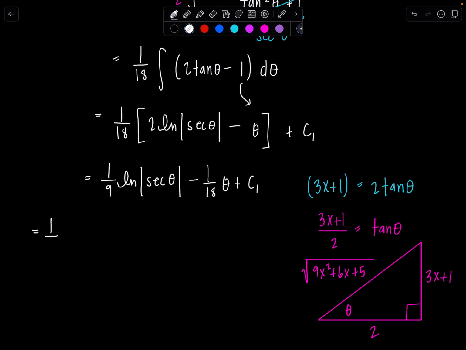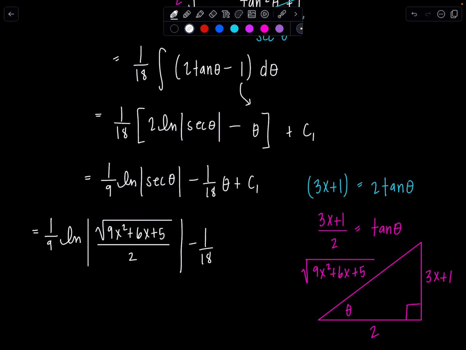So we have 1/9 natural log absolute value. Secant theta is the reciprocal of cosine theta, so it's going to be the ratio of hypotenuse over adjacent side. So the hypotenuse is square root of 9x squared plus 6x plus 5 over 2, minus 1/18.